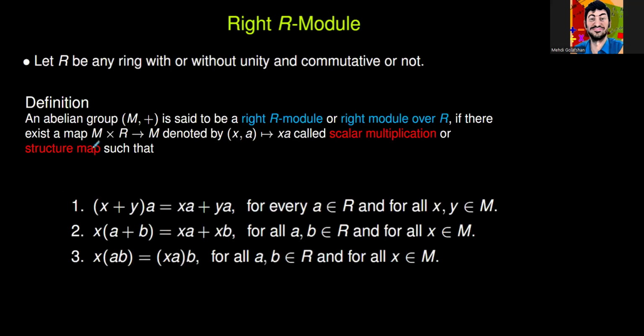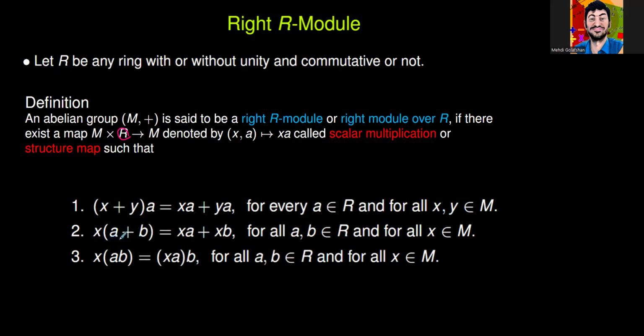You see that this is the right, and that's why the element from the ring multiplies on the right, so a is on the right part. That's why we say it is a right R module. And the left R module would multiply from the left hand side. So the first condition is (x plus y) times a equals xa plus ya, for every a in our ring and for all x and y in our module.